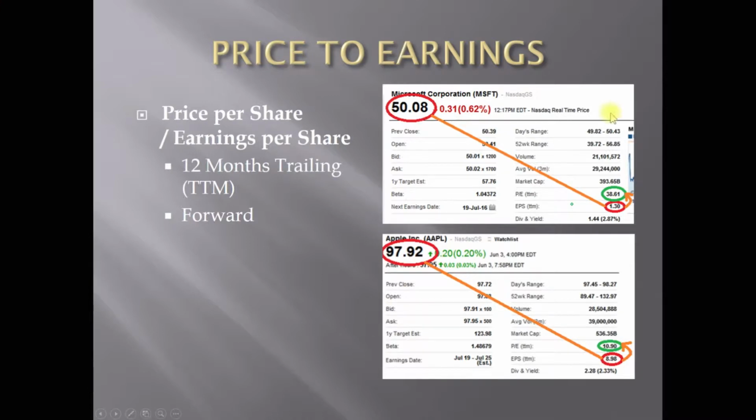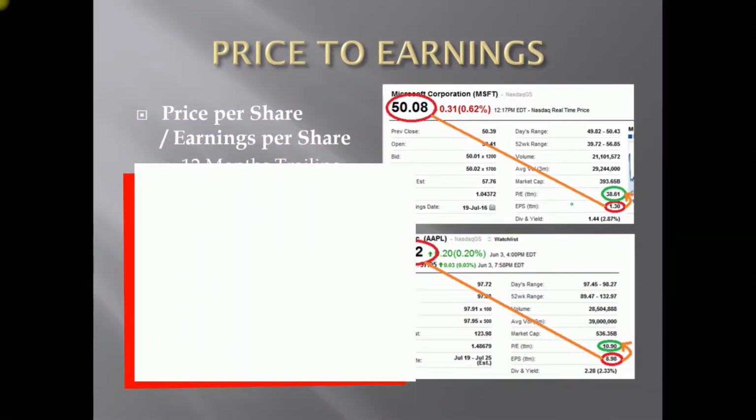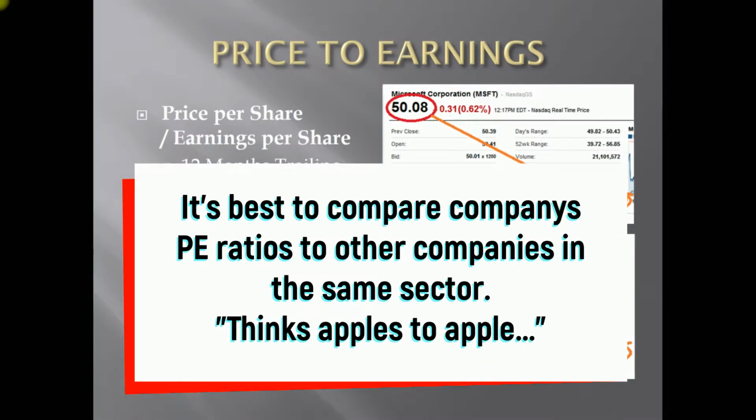And if we look at that, we realize that Apple is significantly cheaper than Microsoft. Now, there could be a lot of things that determine this. It could be they are in different sectors, and those sectors are earning more price to earnings ratio. There's a lot of different things, but from a basic standpoint, you can understand price to earnings ratio is effectively how expensive the stock is based on its earnings.